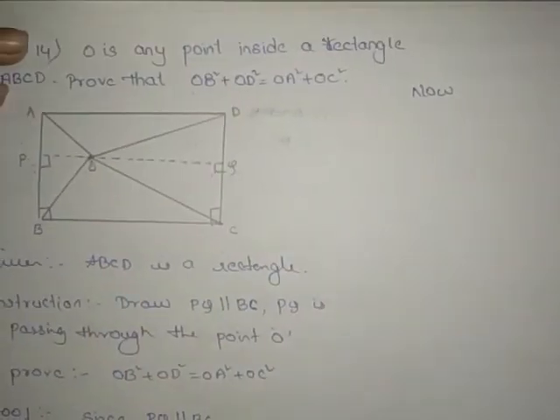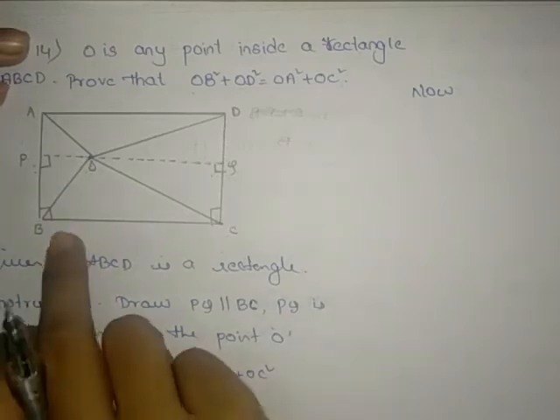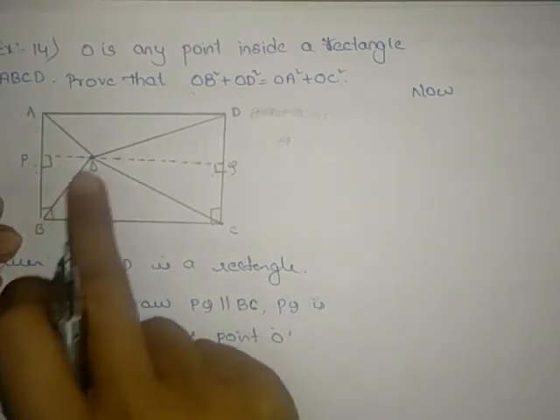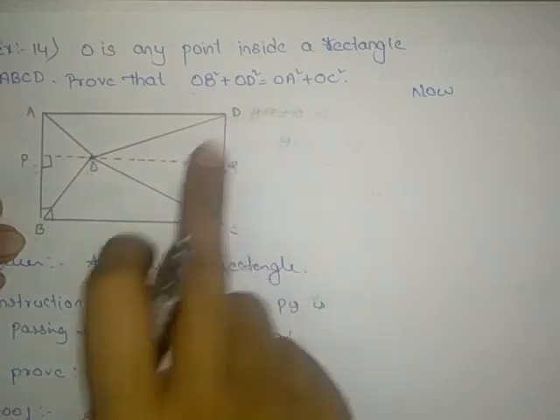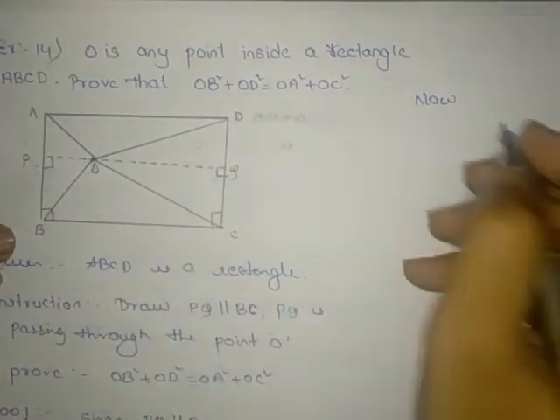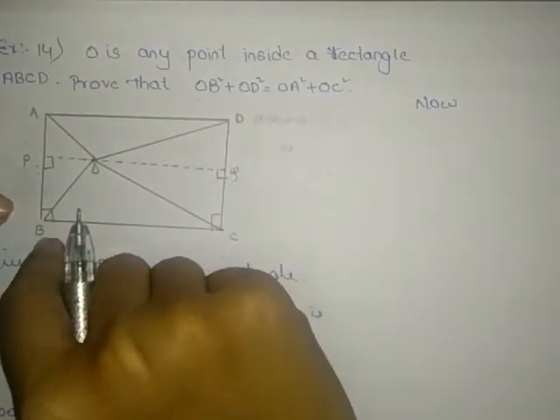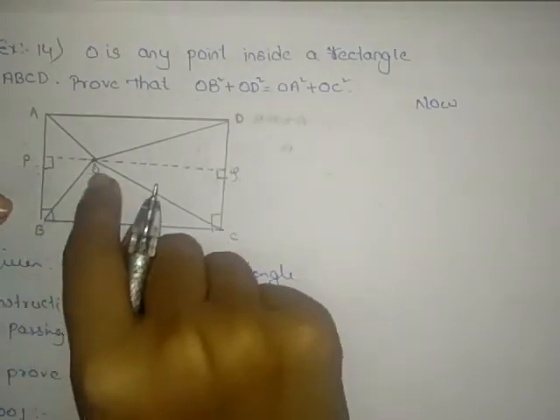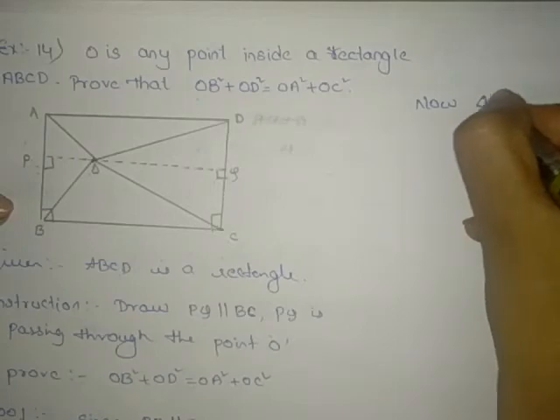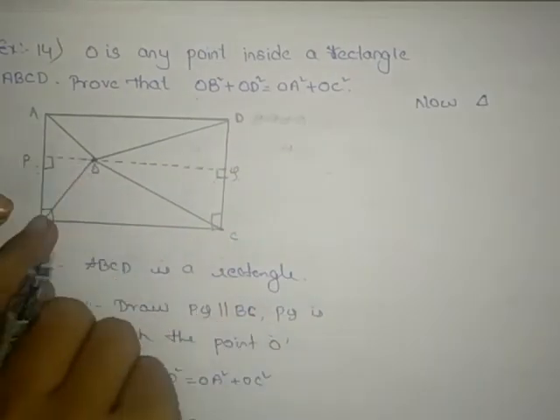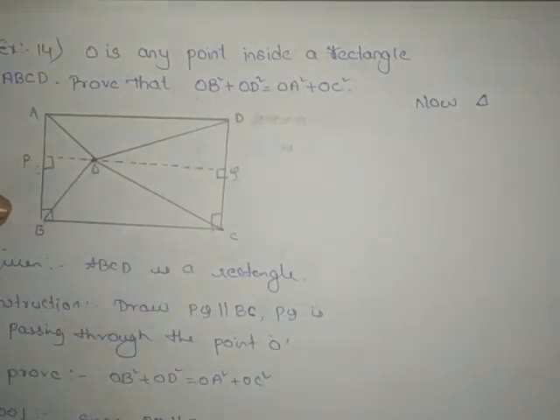We have to consider triangles in such a way that they must have the sides OB and OD, right? And OC, OA. First we take the triangle which consists of the side OB. We are going to apply Pythagoras theorem, right?